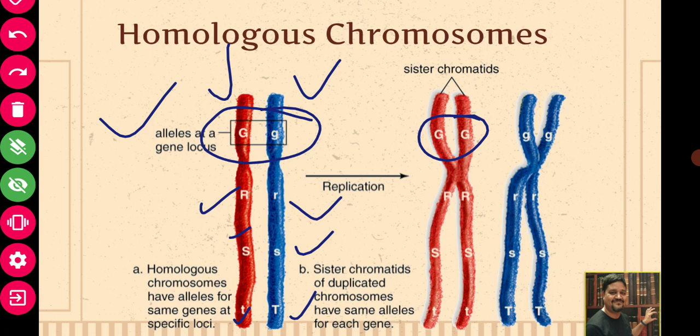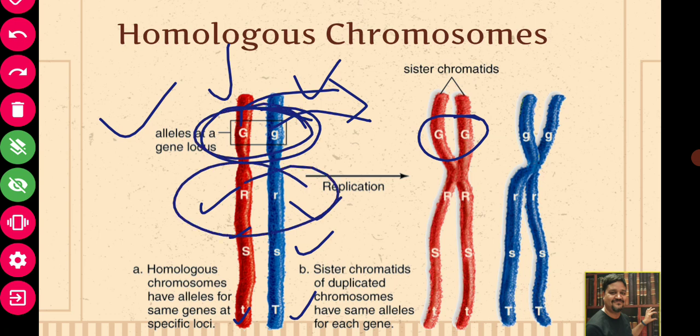Previously, at the time of the law of segregation, Mendel was talking about these two particular alleles. But in the law of independent assortment, Mendel was telling that these two pairs of alleles of two different genes are inherited independently. They don't have any kind of relationship.